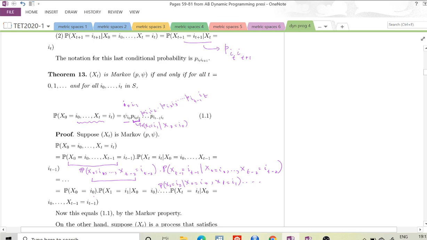But then we invoke that this is a Markov process, and so all the conditional probabilities will only depend on the immediate past history, right? So I can replace this, of course, with the initial psi naught, this, of course, with P i naught i1, but similarly, this is just going to be this part, right?